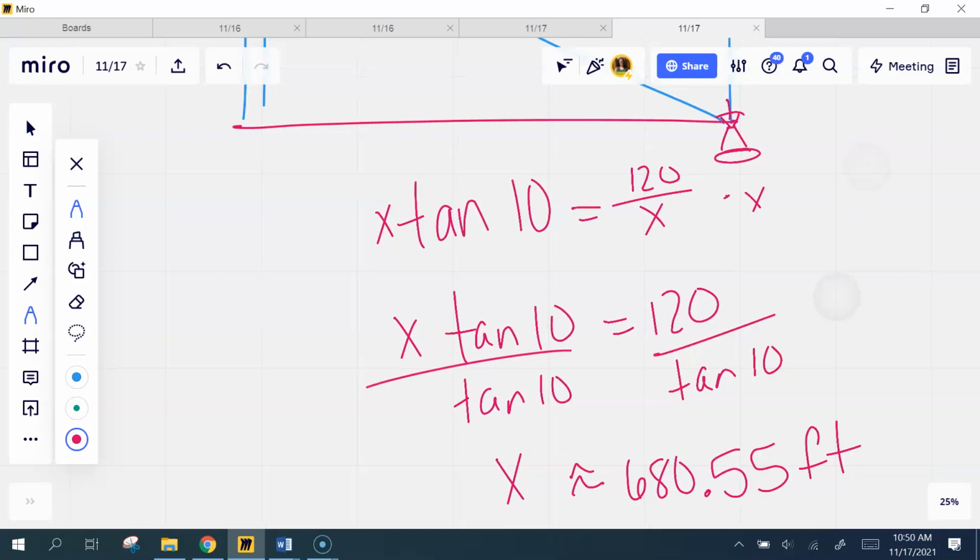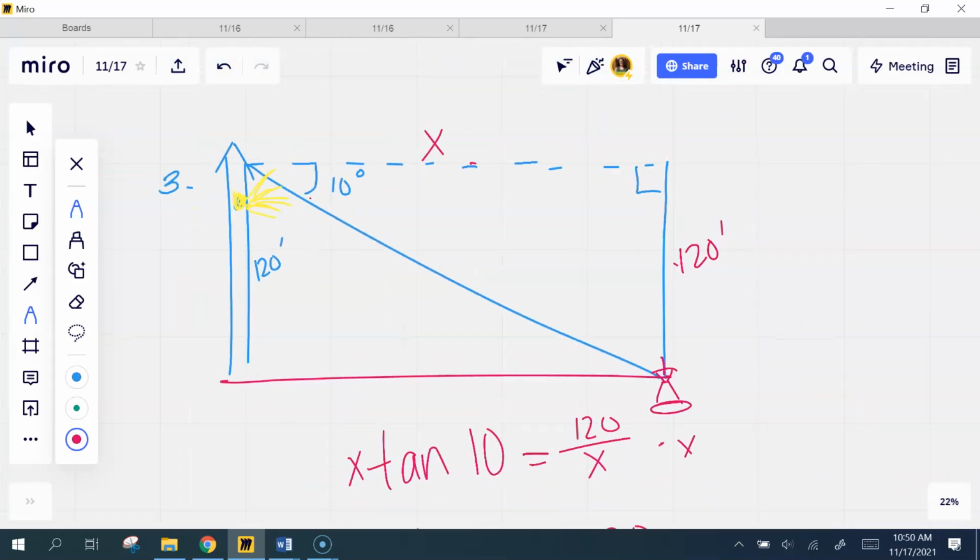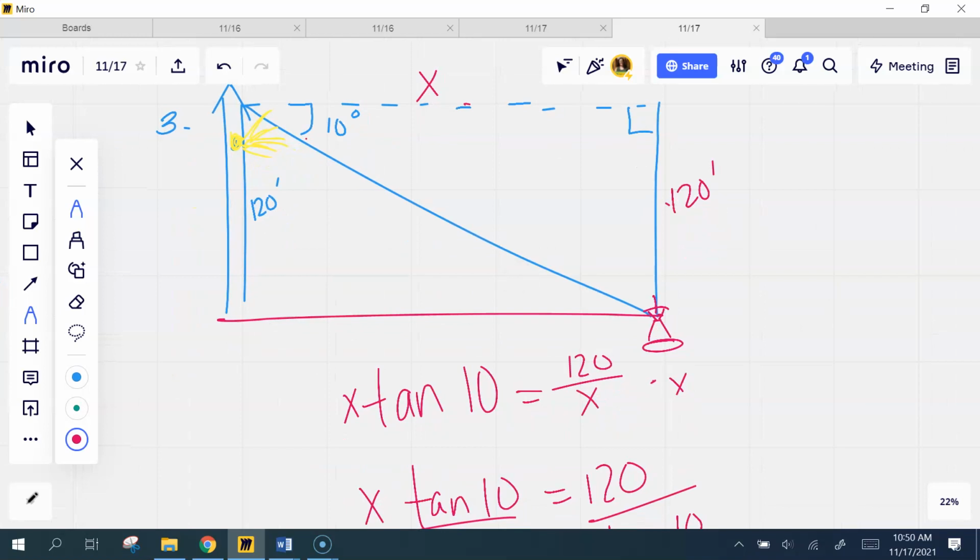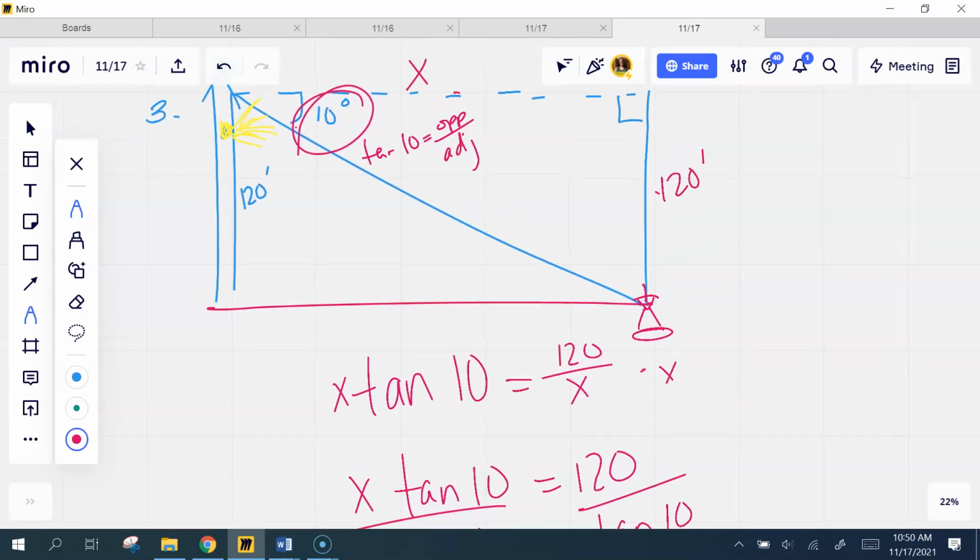Because tangent is opposite over adjacent, right? So I've got this triangle. Here's my theta. The tangent of 10 is going to be the opposite side over the adjacent side. The opposite of theta is 120, and the adjacent is x.